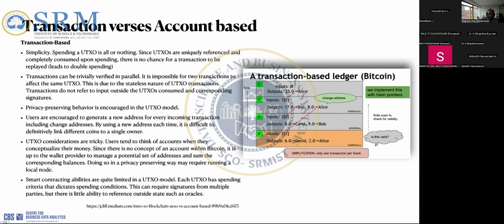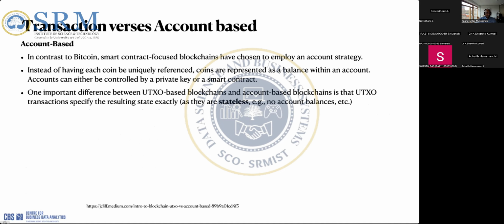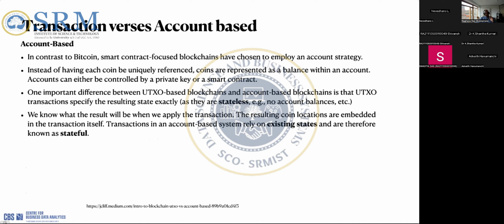But on the other hand, when we come to smart contracts, this kind of transaction-based ledger won't work like that. So let us look into why we need an account-based ledger. In contrast to cryptocurrencies, smart contract blockchains choose to employ the account strategy.